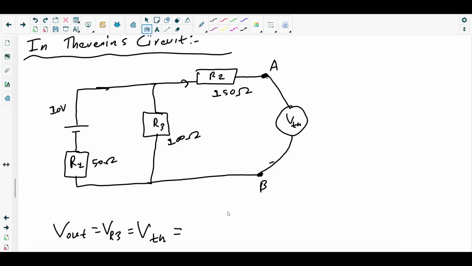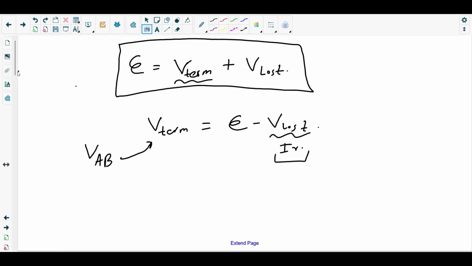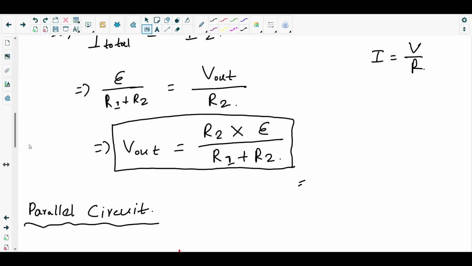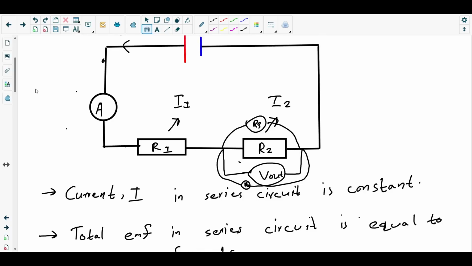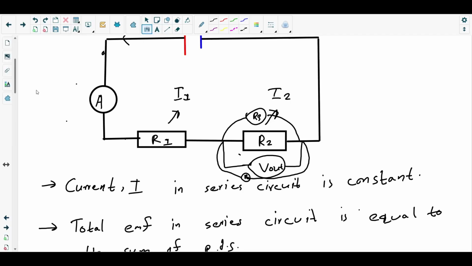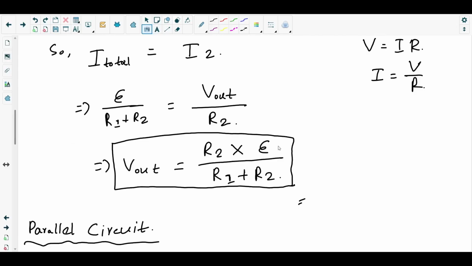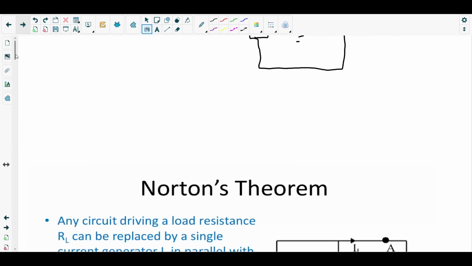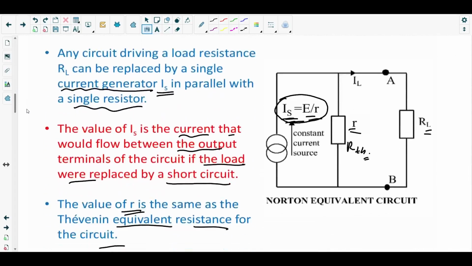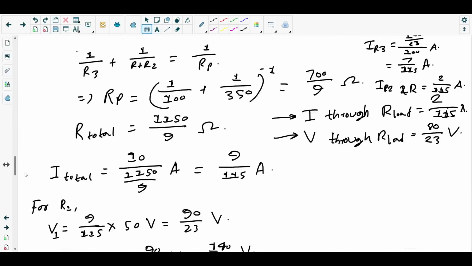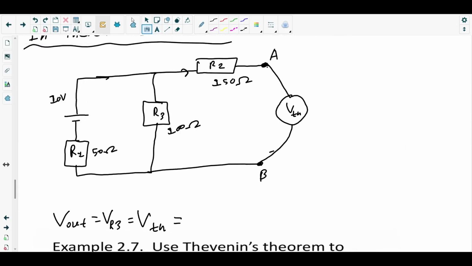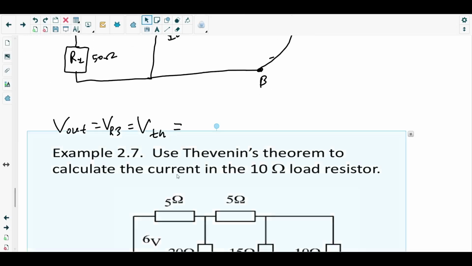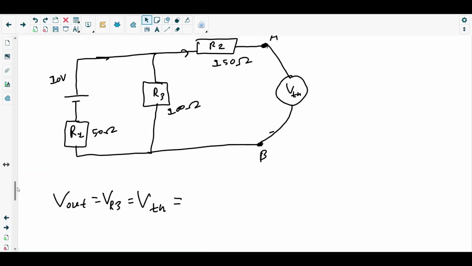This is equal to, what was the equation we got previously? The equation for V out. V out equals R2, where R2 is the resistor across which the output is taken, times the EMF. So we are taking output across the resistor R3, so we have to multiply EMF with R3.